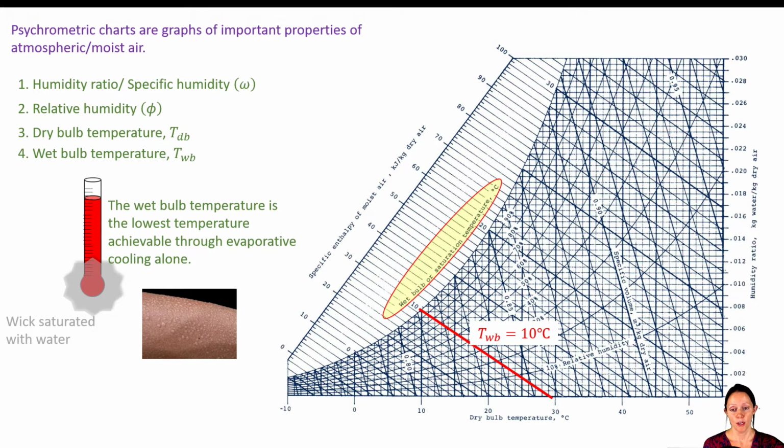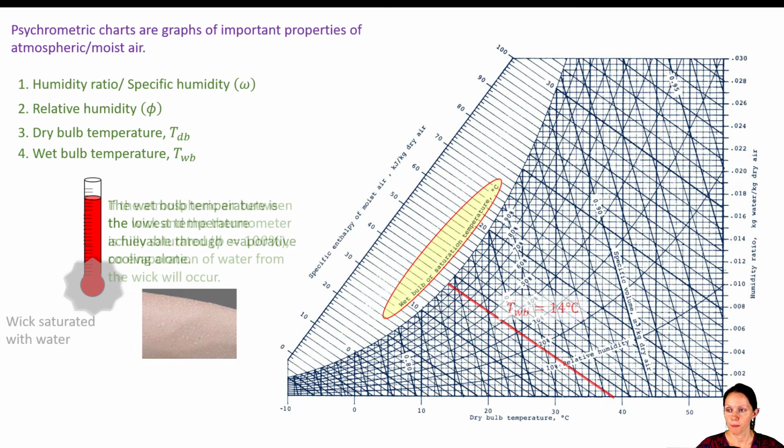So 10 degrees Celsius for my wet bulb temperature. Let's look at another location. Here, this is between the lines labeled 10 and 20. You can count up that this would be at 14 degrees Celsius. So you'd have a wet bulb temperature of 14 degrees Celsius if you're anywhere along that red line there.